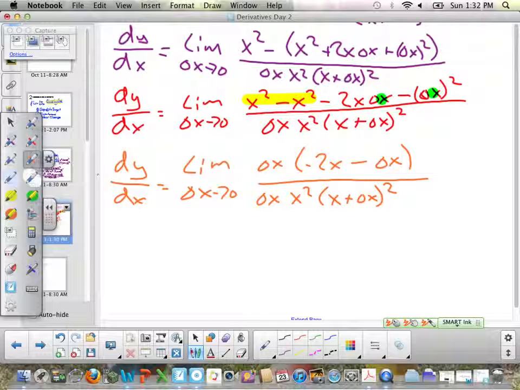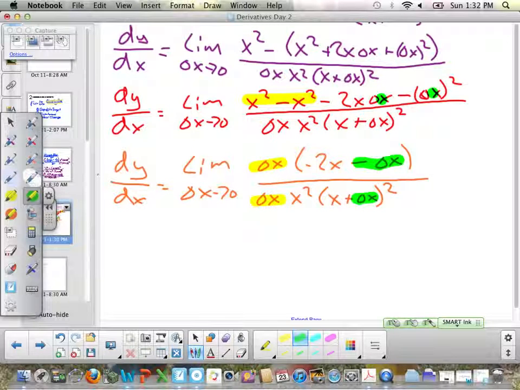All right, so taking a look here, we can see we got delta x on top and bottom, so those will cancel off. And now if we do a plug and chug, we let delta x approach 0, it falls off here. So we're just left with negative 2x on top. It comes off here, so that's left as x squared.